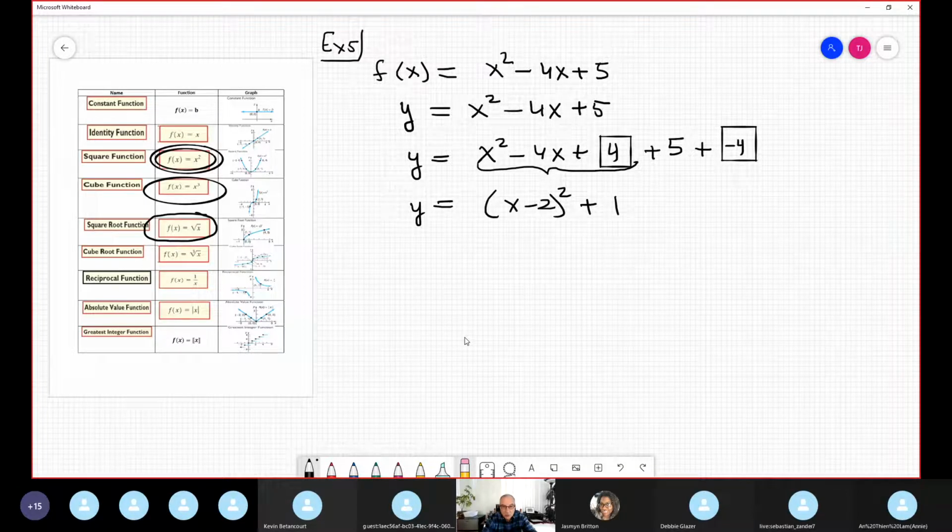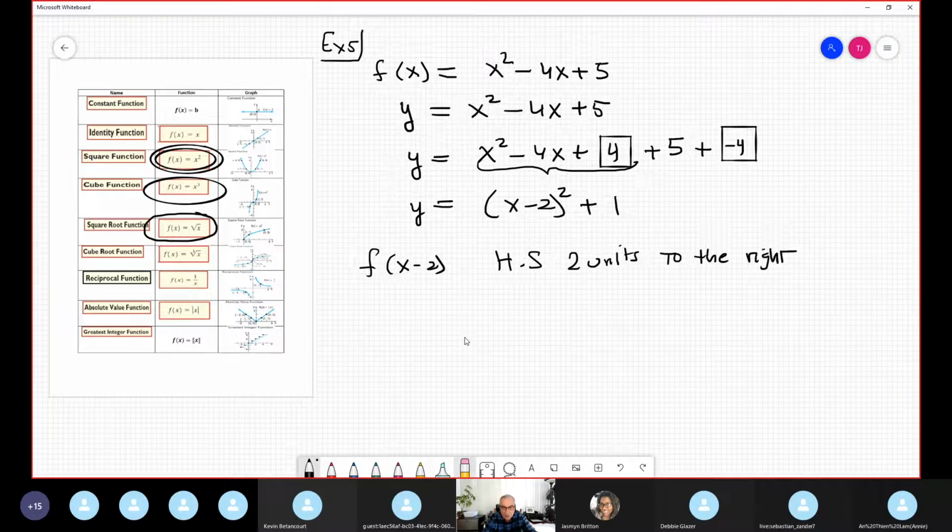Super clear the transformation after completing the square. Number 1, guys, see f of x minus 2, the classical horizontal shift 2 units to the right, because it's negative. After, f of x minus 2 plus 1 is a vertical shift 1 unit up. That's it.